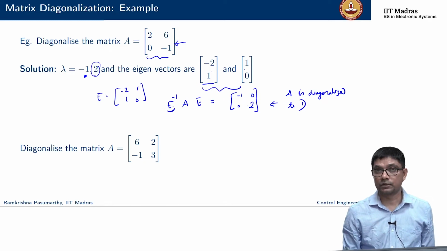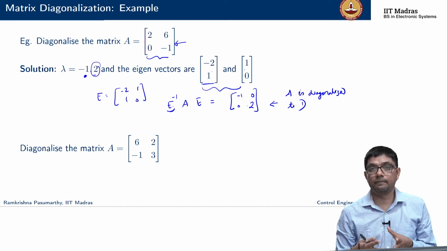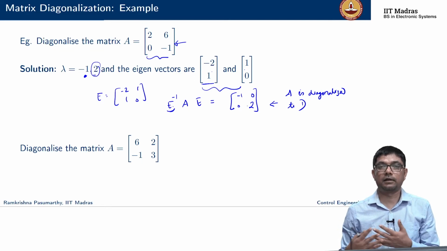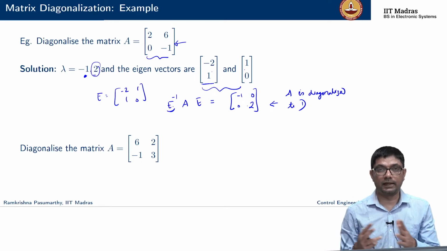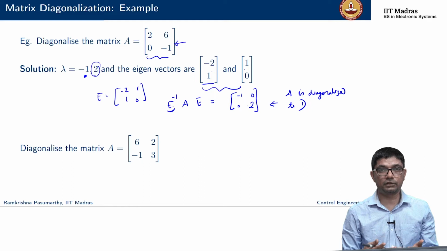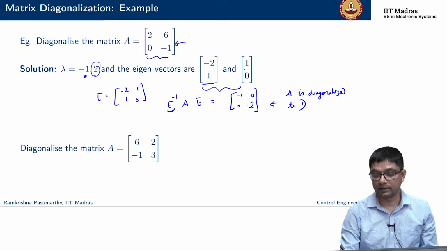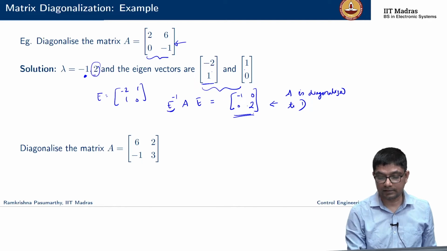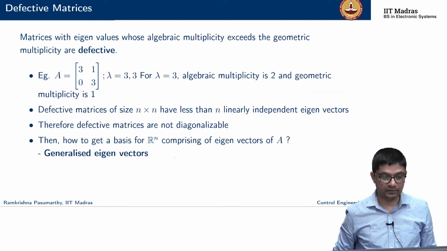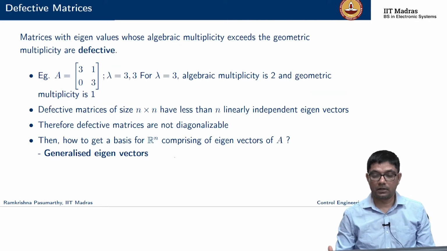Give me a matrix A, multiply it on the right with a matrix composing the eigenvectors. On the left, multiply it with the inverse of E, and you will get a nice diagonal matrix on the right hand side. As an exercise, you can try doing this. Again, this is very straightforward.